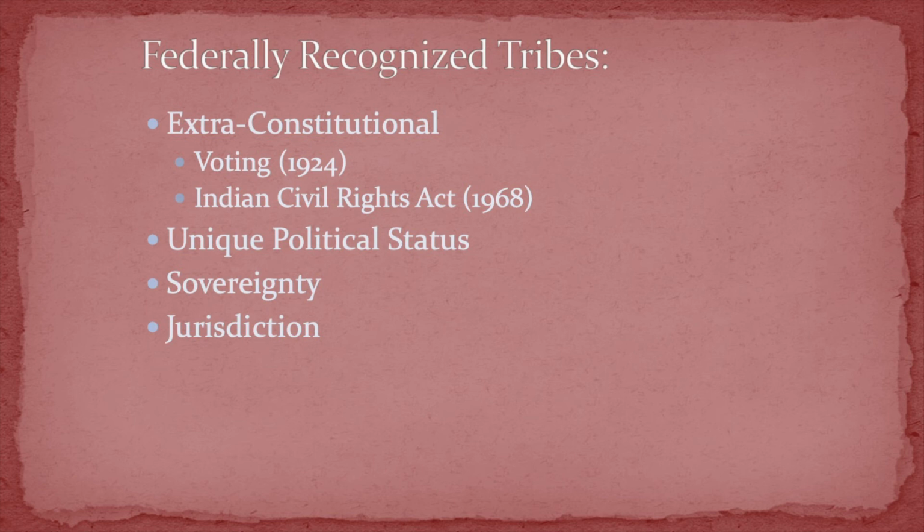The tribes right now exist with this unique political status because the United States federal government recognizes them. Now, I'm not saying they wouldn't exist without this, but a legal status by a greater sovereign has been recognized. And that is what you're trying to get at: recognition of a sovereign by another sovereign.